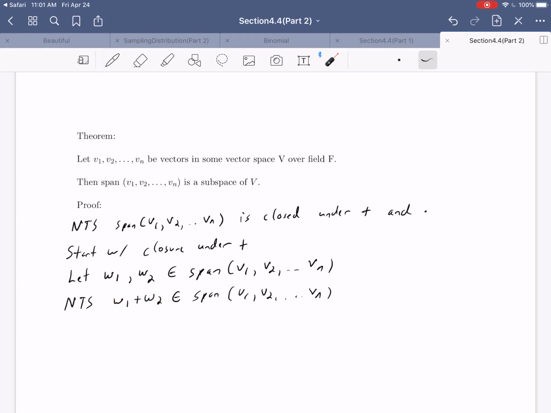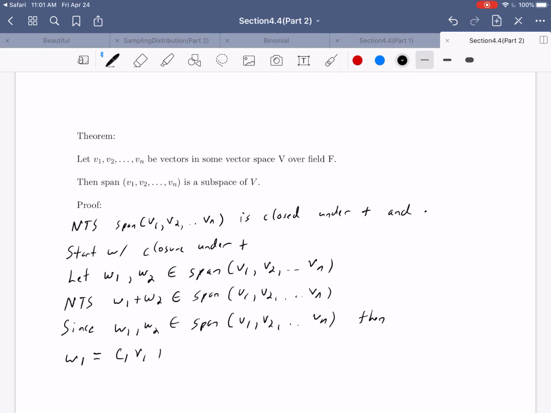All right, so what does it mean for these two vectors to be in here? Well, since w1, w2 are elements of the span of v1, v2 down to vn, then w1 must be something like c1 v1 plus c2 v2 plus cn vn. In other words, w1 must be some linear combination of v1, v2, and vn, with c1, c2, cn all just being constants.